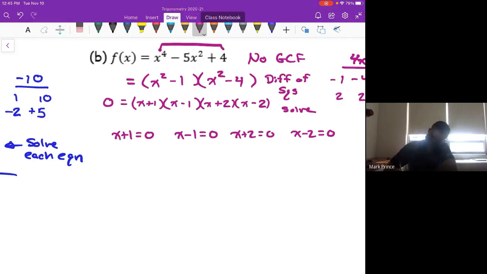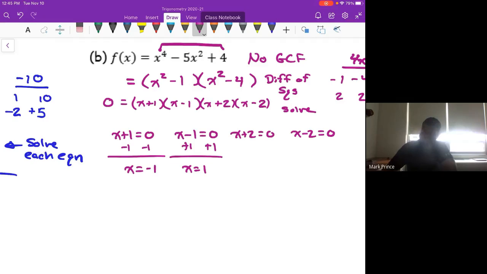Solve each equation. We get x equals -1. Simple linear equations here. So I get x equals +1 now. And I get x equals -2. And then x equals +2.